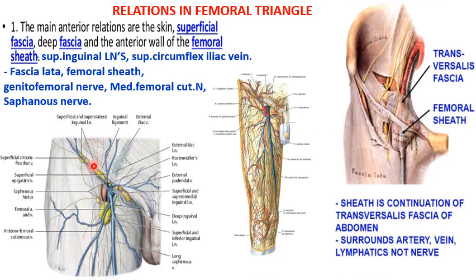And the superficial group of the inguinal lymph nodes, the superficial circumflex iliac vein, and the genitofemoral nerve. The femoral branch of the genitofemoral nerve will be more appropriate. And then the medial femoral cutaneous nerve and the saphenous nerve.